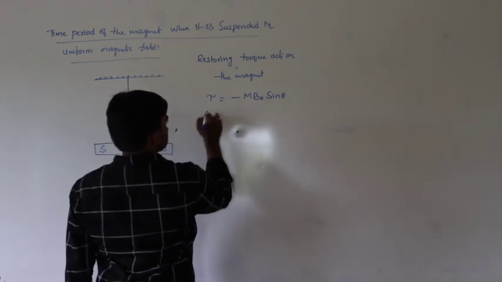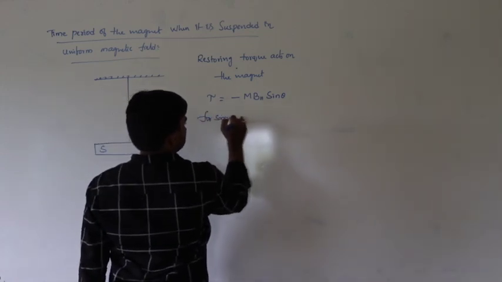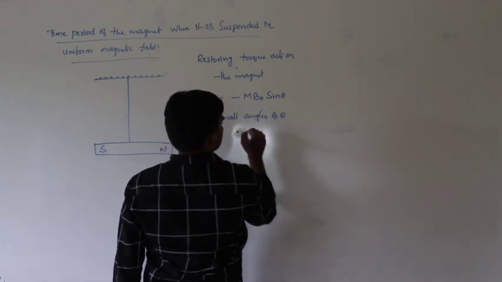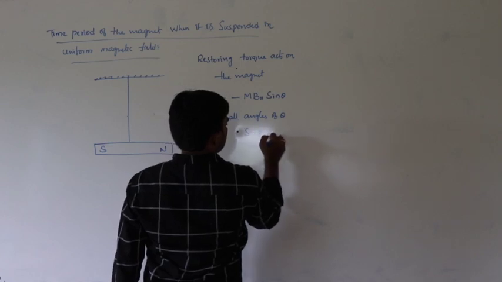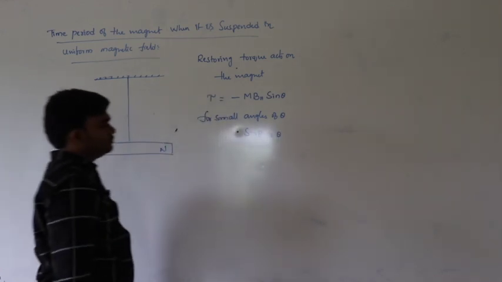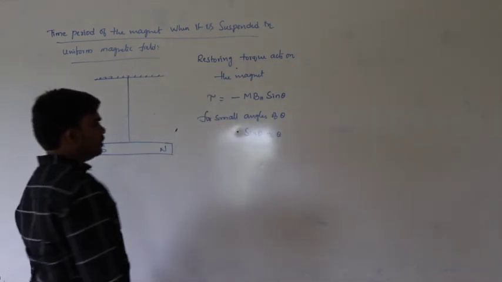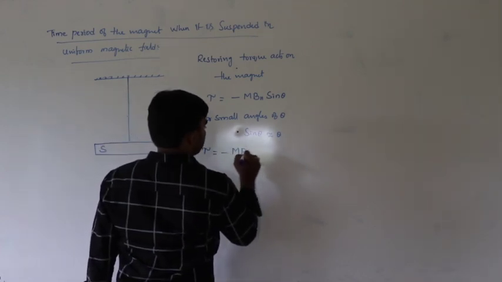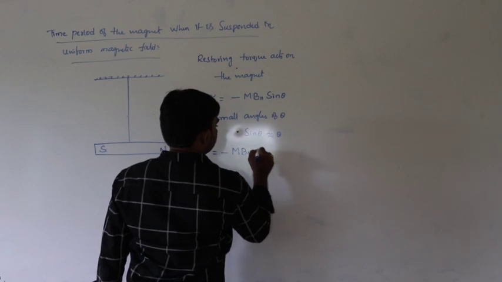We know for small angles of theta, sin theta is nearly equal to theta. Therefore, tau is equal to minus mBH theta.